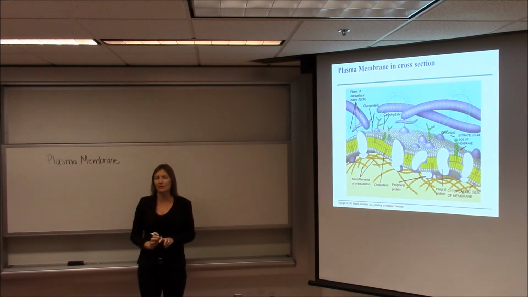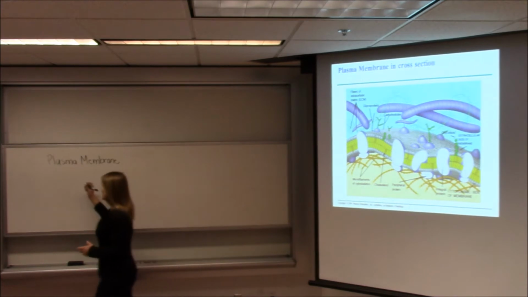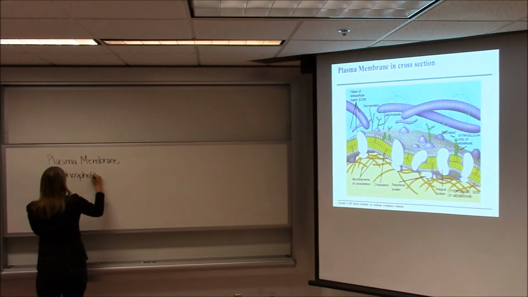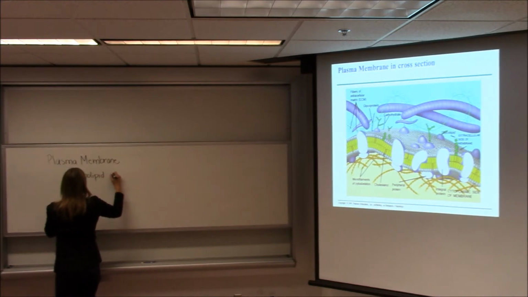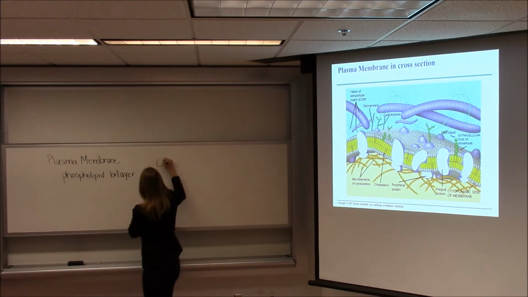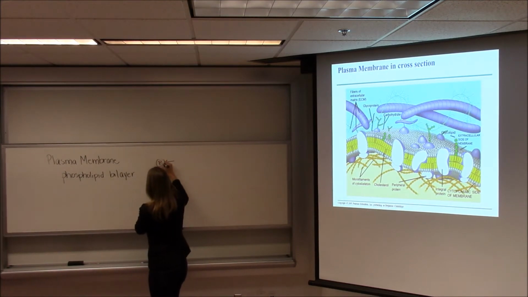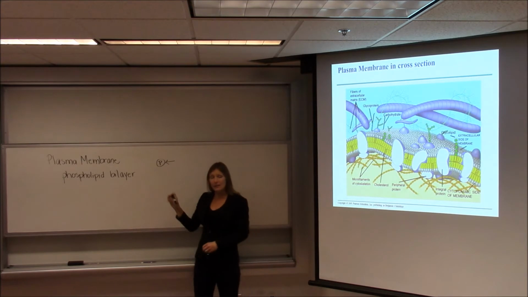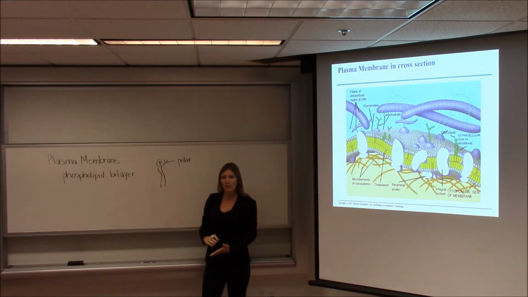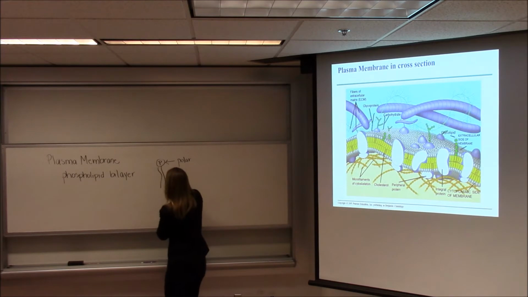Two terms are going to be very important. One is phospholipid bilayer. And remember, those phospholipids have a region at the head, this phosphate head, that is polar or water-loving, and then two tails that are mostly a hydrocarbon chain, making it nonpolar.